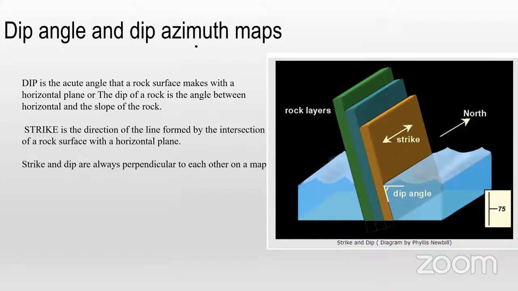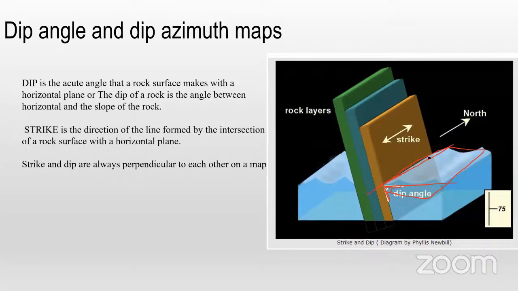Another type of map is the dip angle and dip azimuth maps. If we have an interval, for example here, and a horizontal surface, the angle between that horizontal surface and the interval is the dip.